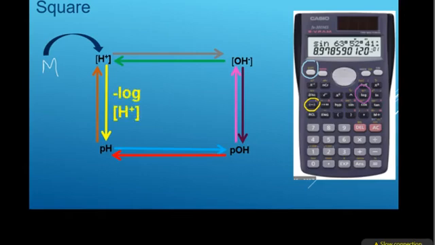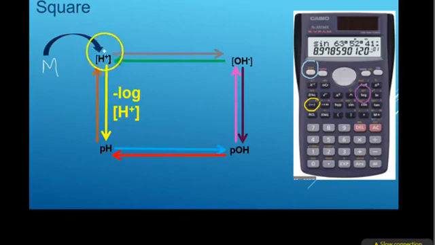All right. If you start at the hydrogen ion concentration, and you want to get to pH, or if you want to get to the hydroxide ion concentration, you would do one of these two things. So you've got to follow the color-coded line here.